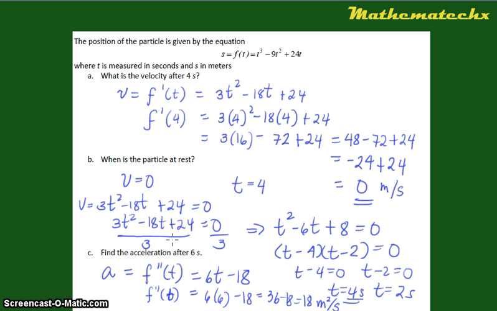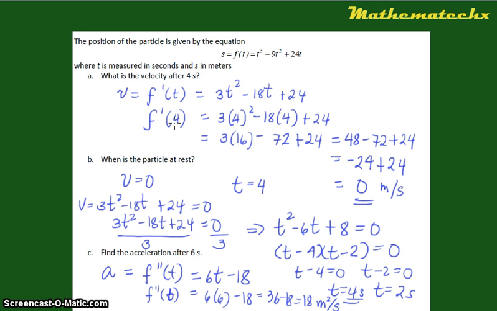Some words you need to understand: when it says the particle is at rest, it means the particle is not moving, and that means the velocity is equal to 0. So that led us to equate the velocity function to 0.